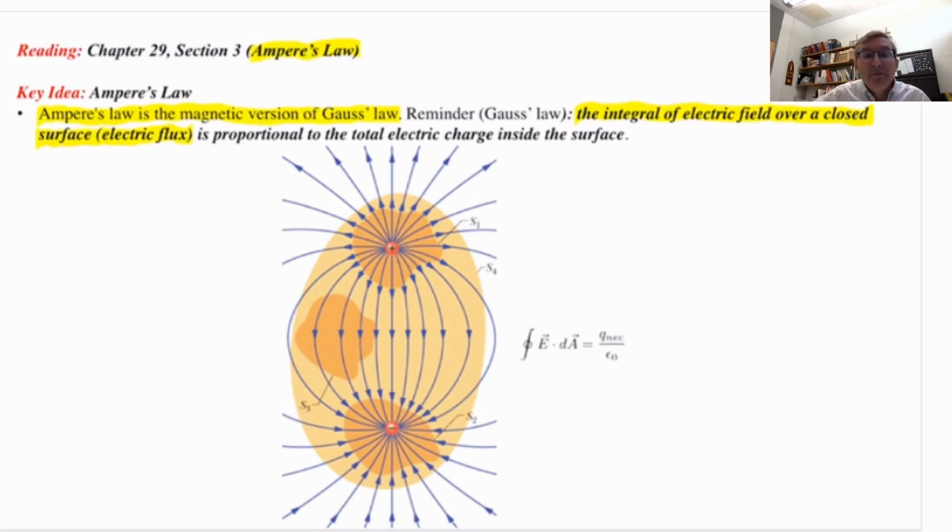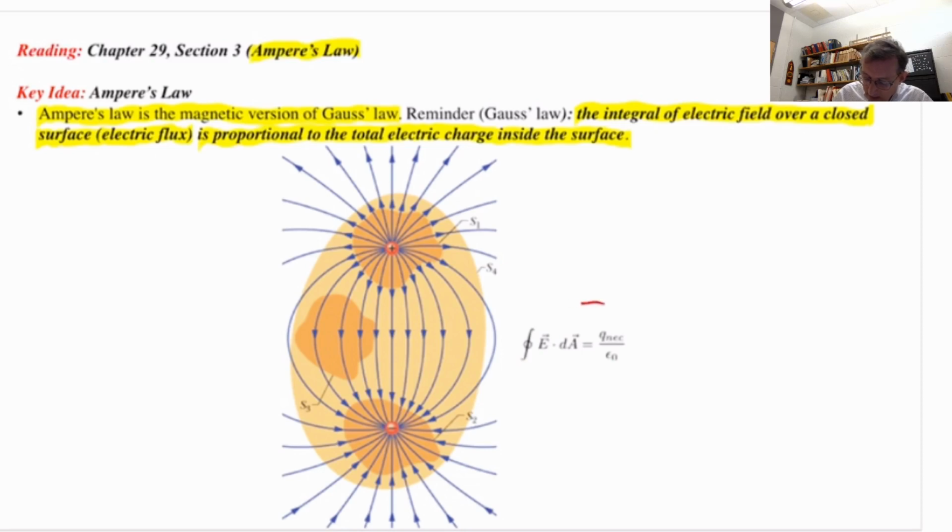That name for the integral of electric field over a closed surface is electric flux. Remember that name? All right. The integral of electric field over a closed surface, electric flux, is proportional to the total electric charge inside the surface. That's it in words.